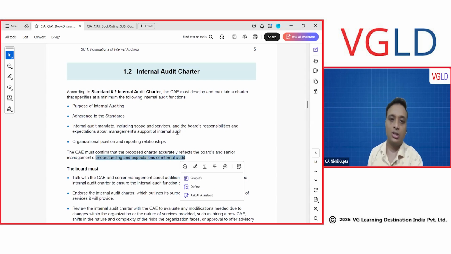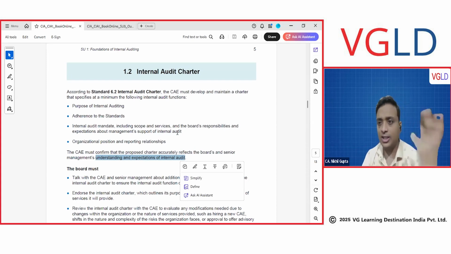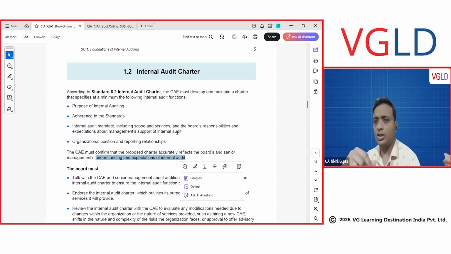Just highlight this if you want. There might be different organizations, different boards with different expectations from the internal audit. Agree? So for those understandings and expectations, the chief audit executive communicates from time to time with the board and senior management to understand how they want, and at what level they want, internal audit functions to perform.